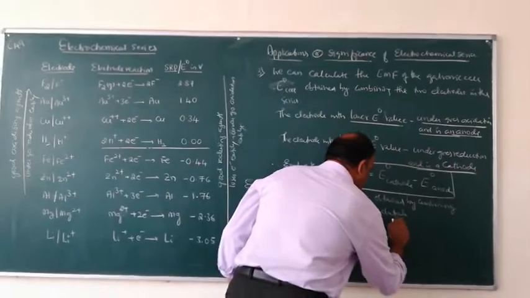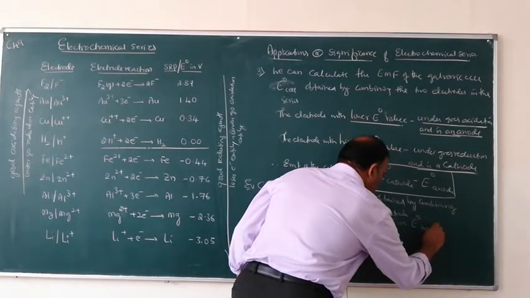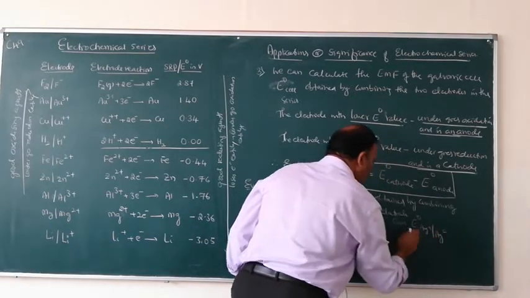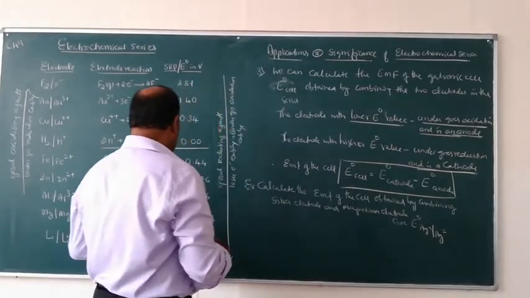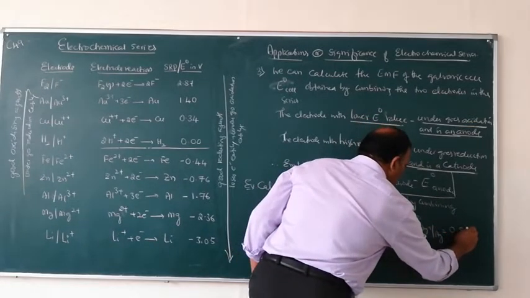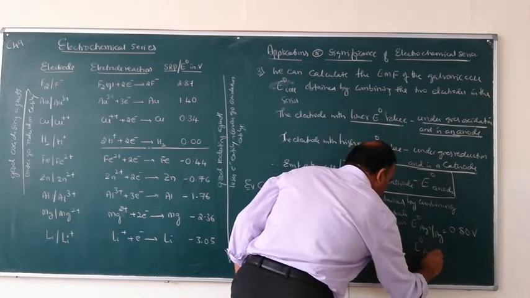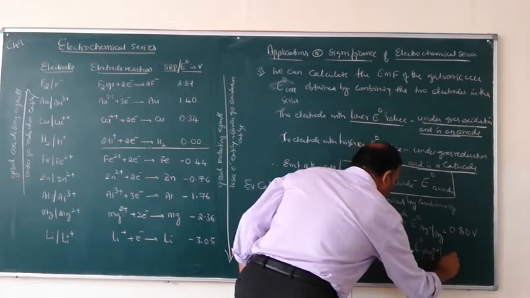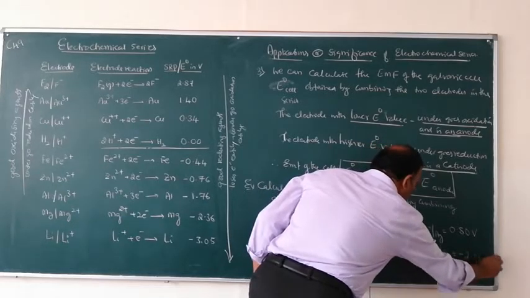So given E naught of Ag plus bar Ag, so standard electrode potential of silver is plus 0.80 volt, then E naught of Mg2 plus bar Mg is equal to minus 2.36 volts.